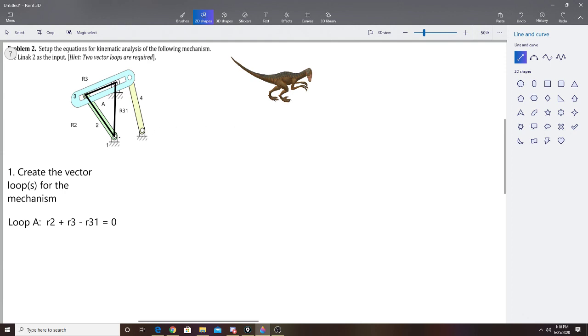I think we can all agree that we need to start at the same link, R2, right? Does everybody agree with that? Because if we don't start there, our vector loop is not going to be in terms of the input, which is what we want.